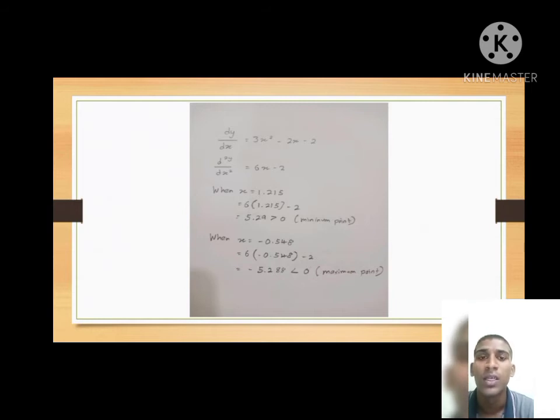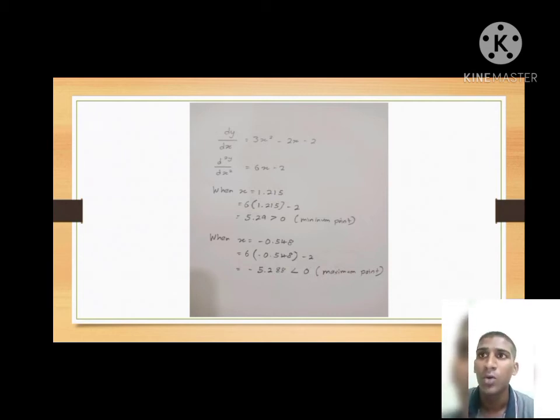So we get negative 2. Then the negative 2 disappears, because beside it there is no x. So we finally get the second derivative: 6x minus 2.